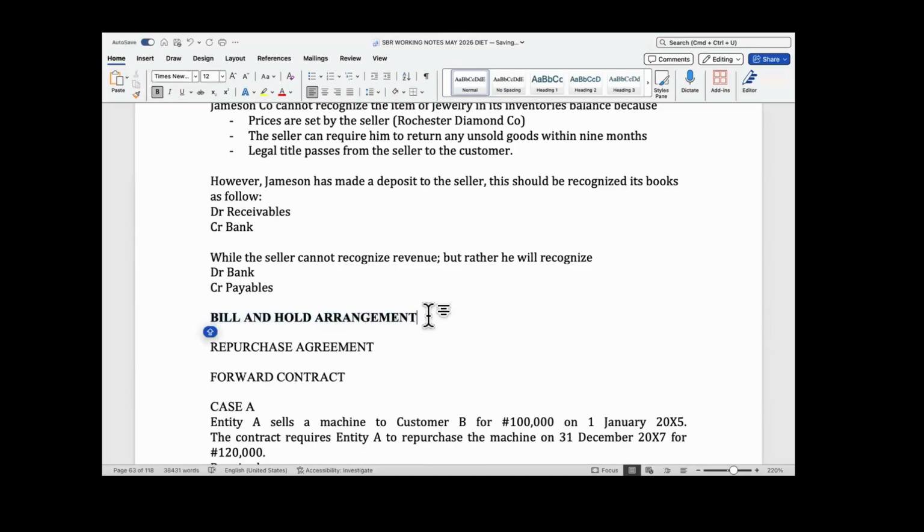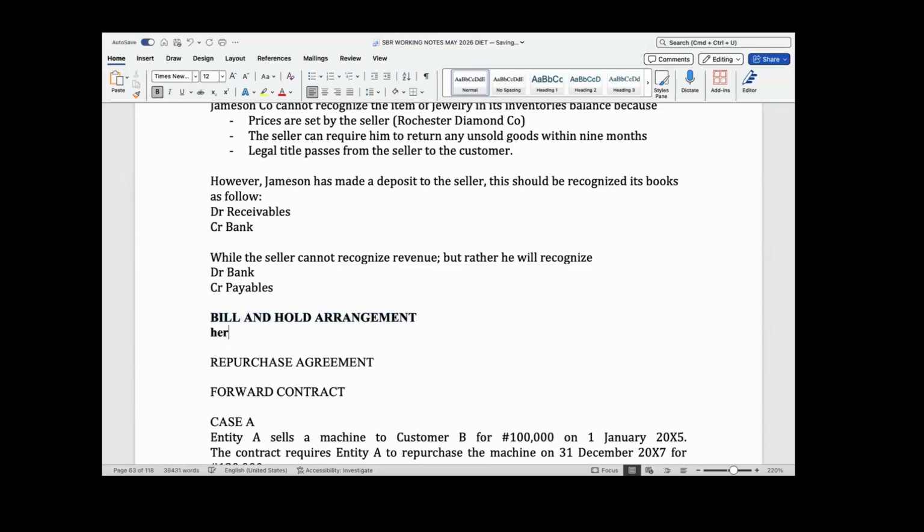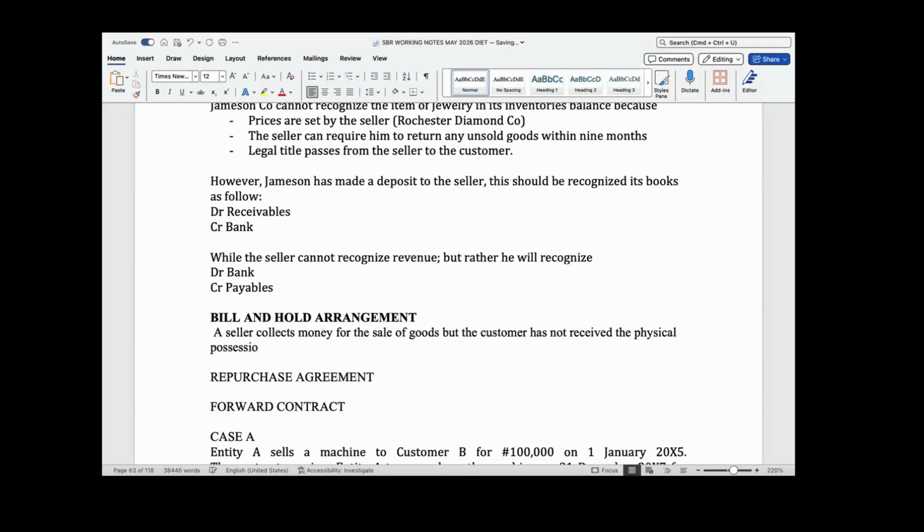Okay, so here a seller collects money for the sale of goods, but the customer has not received physical possession of the goods.